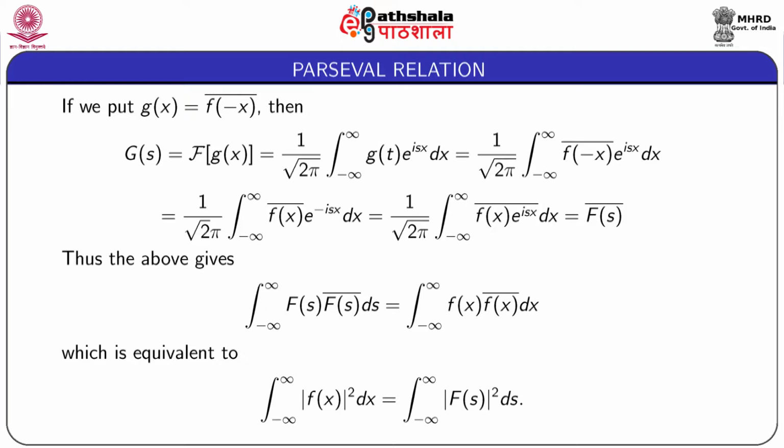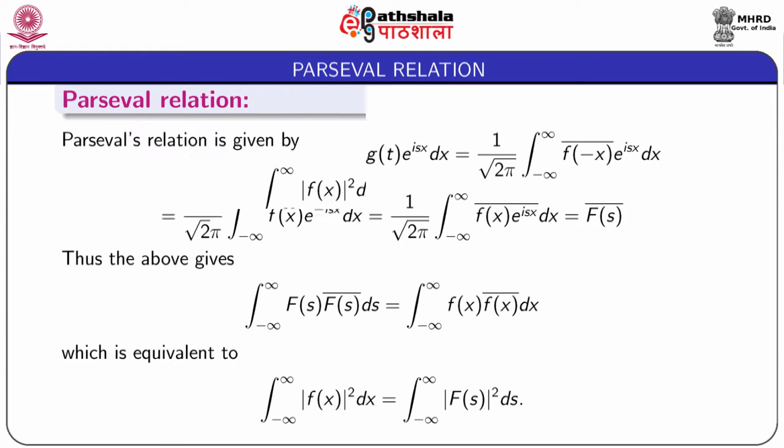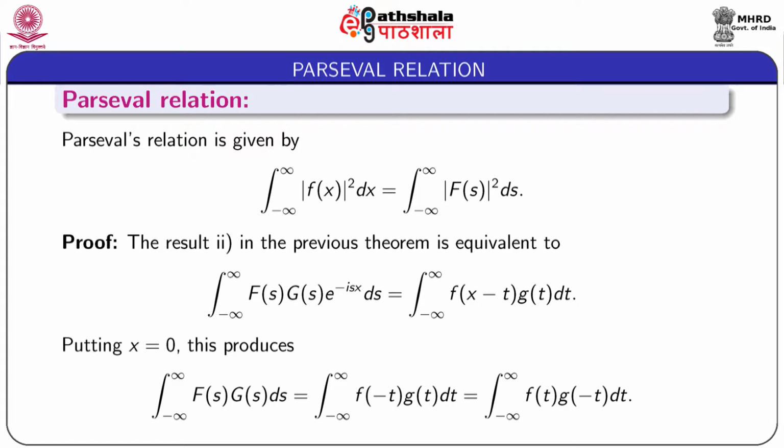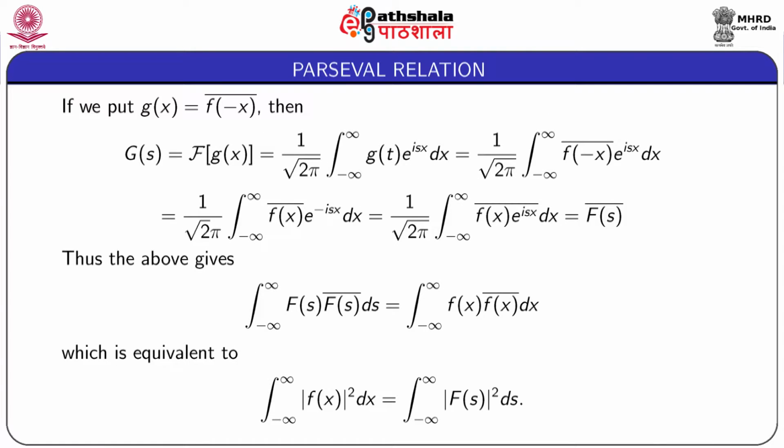Thus, in this result, by putting capital G(s) equal to capital F bar(s) and small g(x) equal to small f bar(-x), we get integral minus infinity to plus infinity capital F(s) into capital F bar(s) ds.